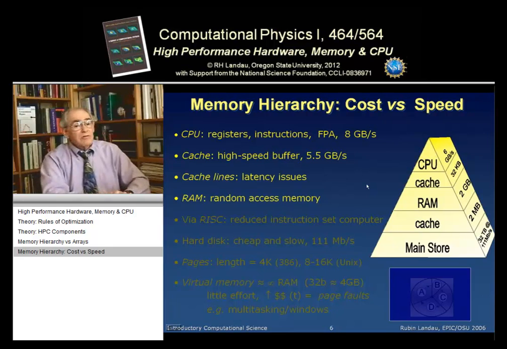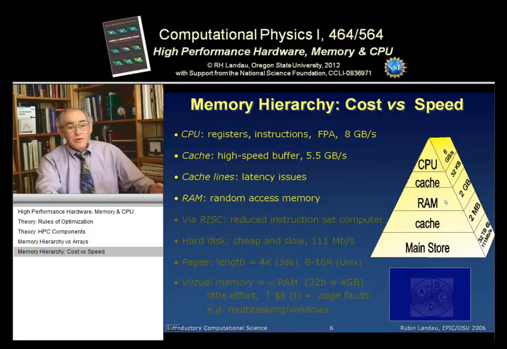But when you're dealing with cache, you're always dealing with latency issues. It'd be nice to say, I will just move a piece of data from RAM to CPU via cache. You can say that, but just like your sleepy dog in the corner, it doesn't jump up and react immediately. The computer doesn't jump up immediately and do what you say. There's latency. It takes time to get the data from here to there, to move it along.